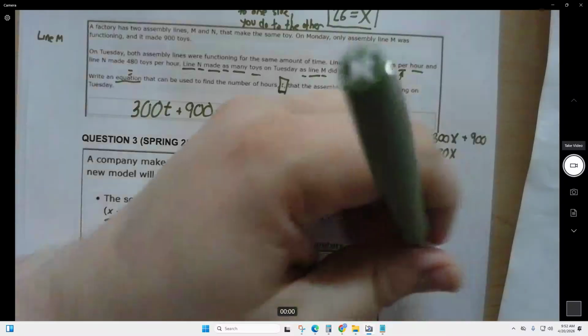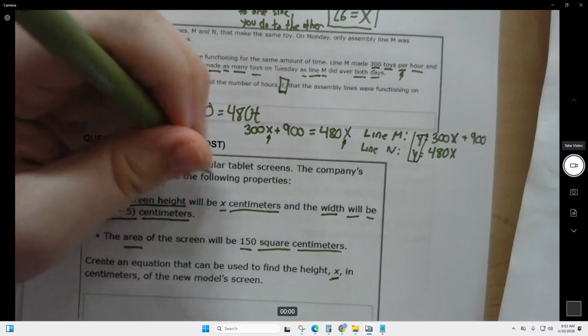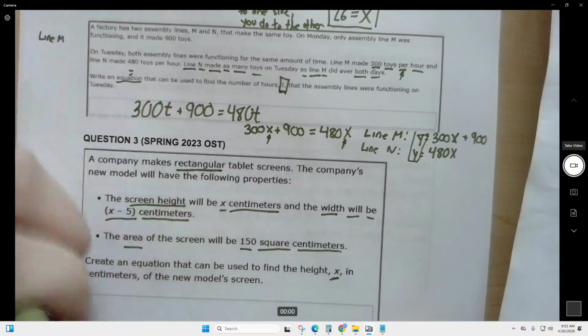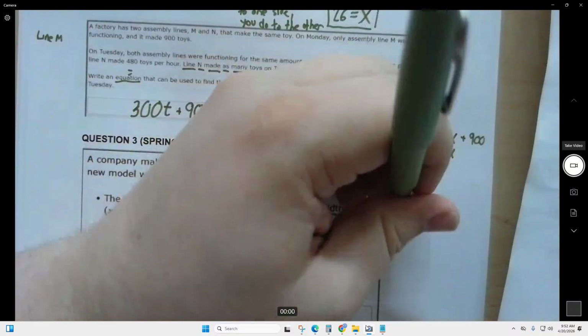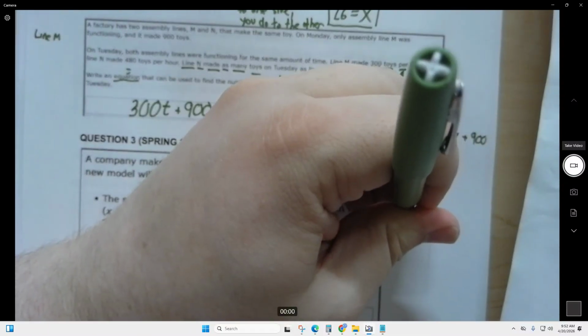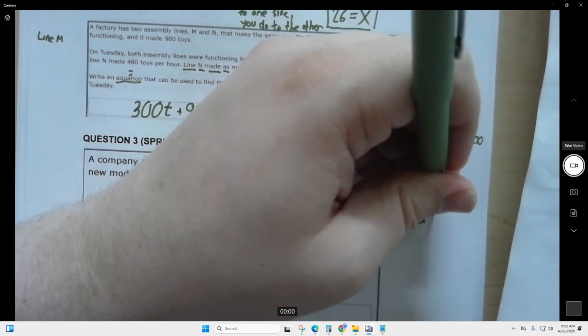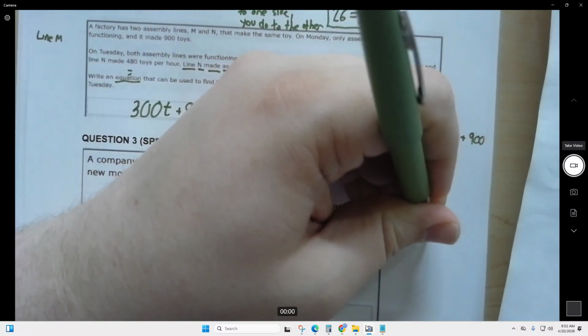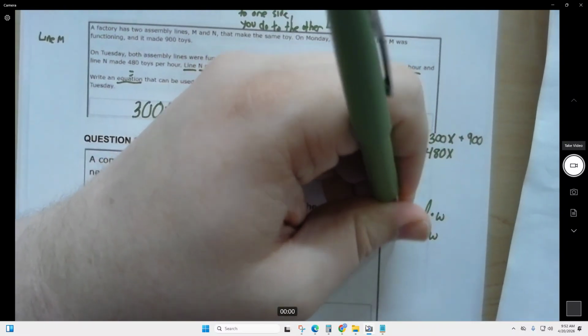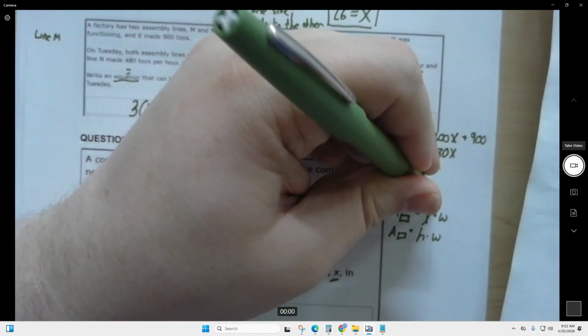So, we know it's a rectangular tablet screen. Okay? Area of a rectangle is equal to length times width, or in this case, we use height times width. Okay? Usually it's denoted as length times width, though.